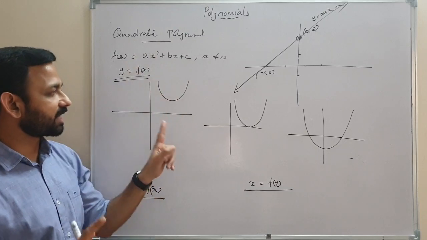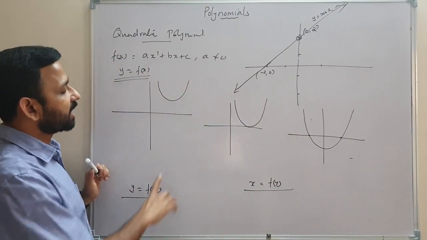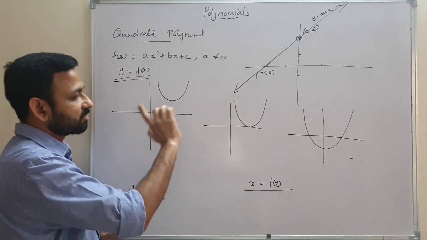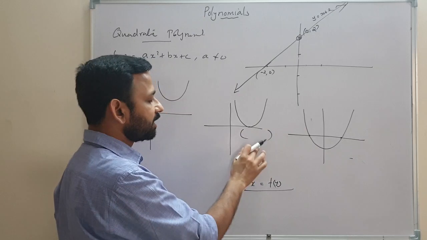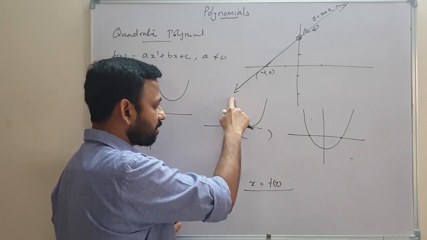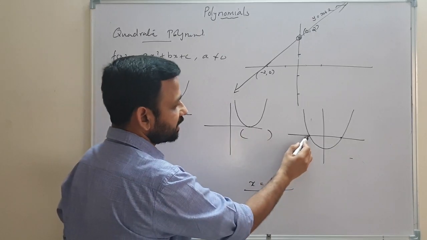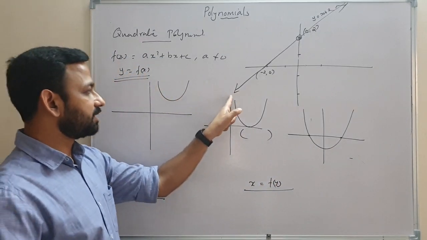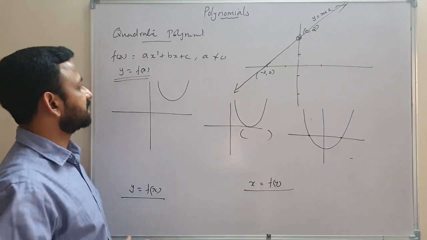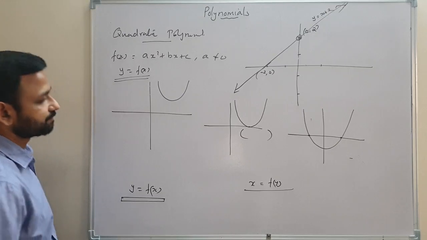Number of zeros of the quadratic polynomial is at most 2, and the zero of a quadratic polynomial is an x coordinate. So the zero of the quadratic polynomial is the x coordinate of the point of intersection of the graph and the x-axis. That is the zero of the polynomial y is equal to f of x.